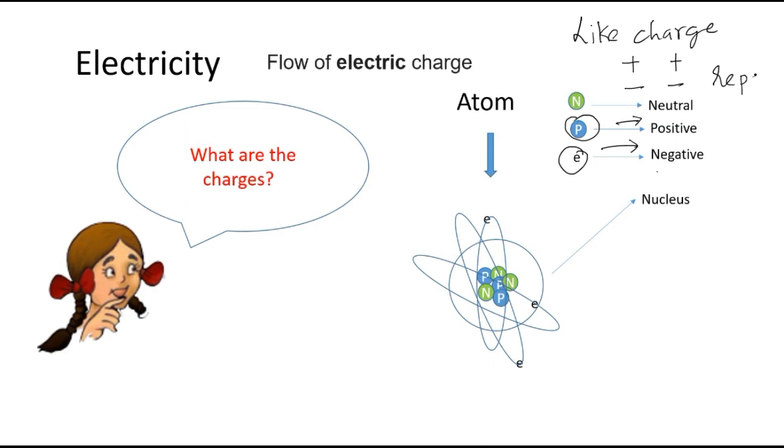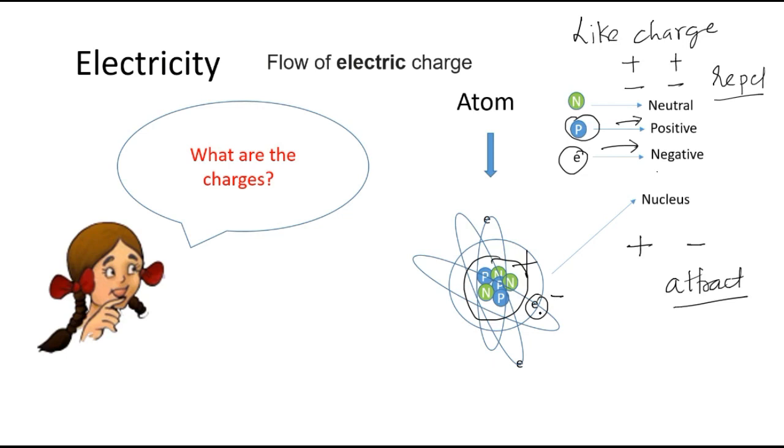They repel, they move away. Whereas unlike charges, positive and negative, attract. And that is the reason this entire nucleus, which is positively charged, is attracting the electrons which are negatively charged. Since they are a bit away from the nucleus, they will be revolving around the nucleus.